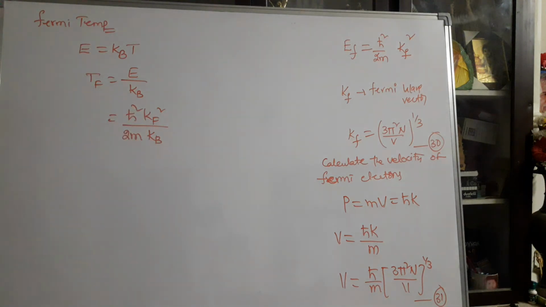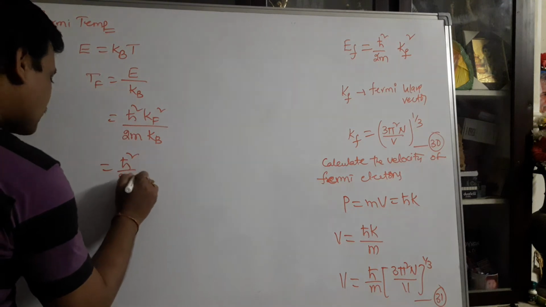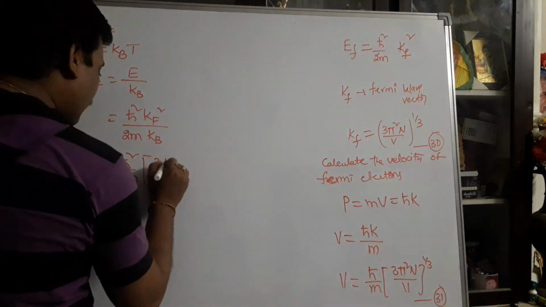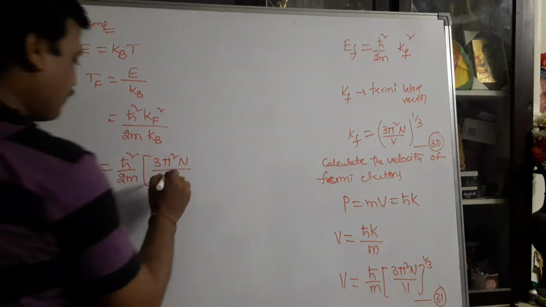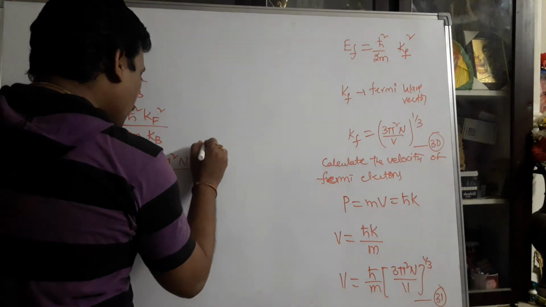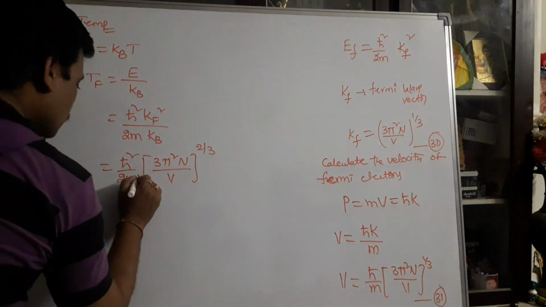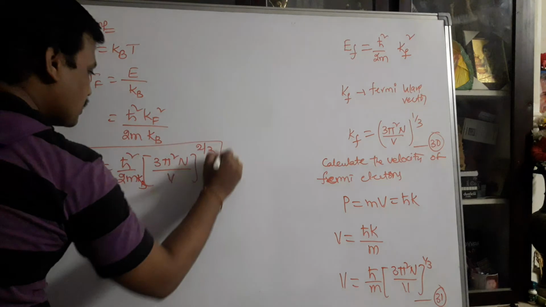You get the result ħ²/2m into (3π²n/V)^(2/3), divided by k_B. This is called the Fermi temperature.